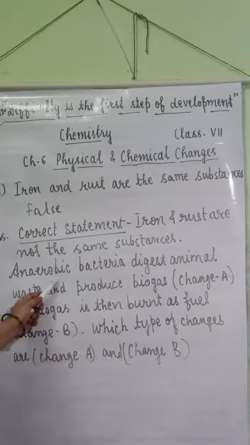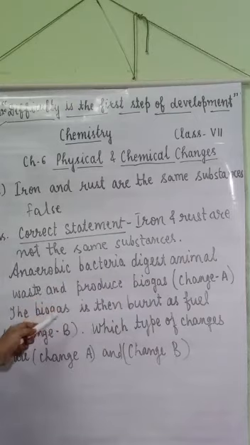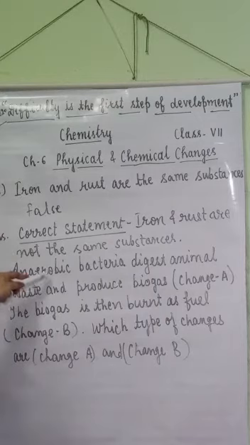So here anaerobic bacteria digest animal waste and produce biogas. Anaerobic bacteria are those bacteria which act in the absence of oxygen. They digest animal waste and produce biogas.